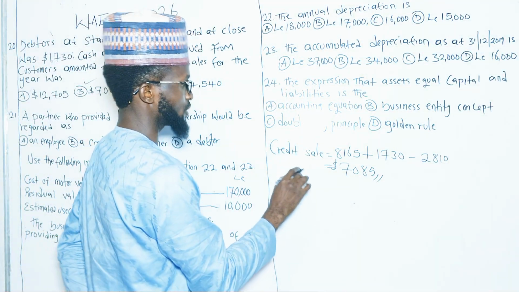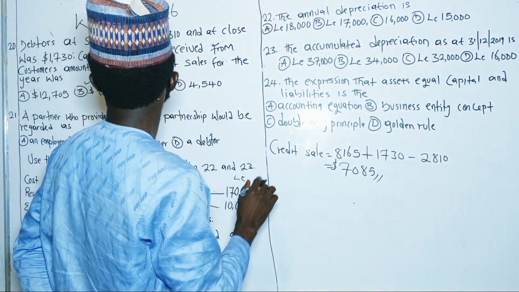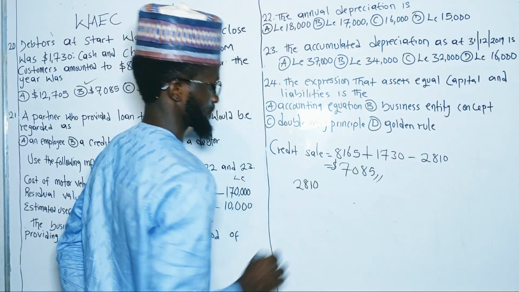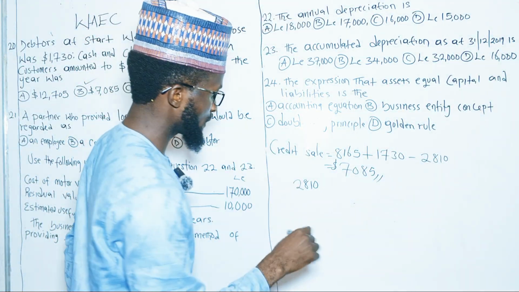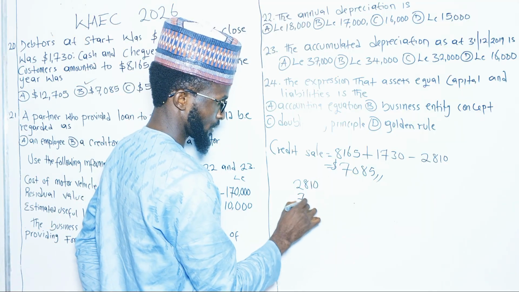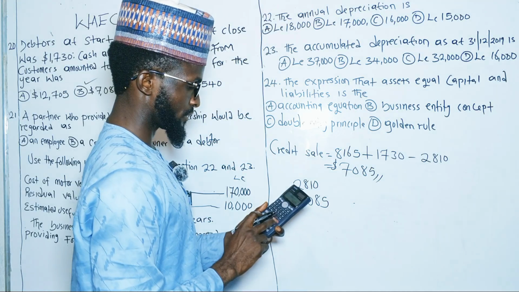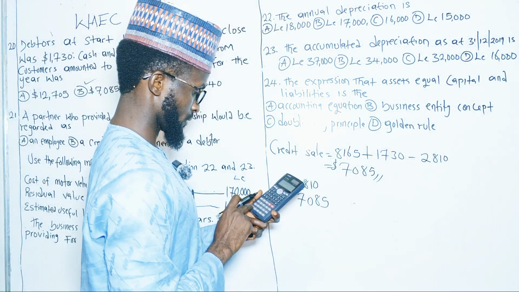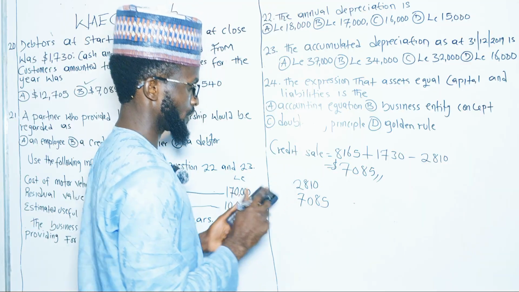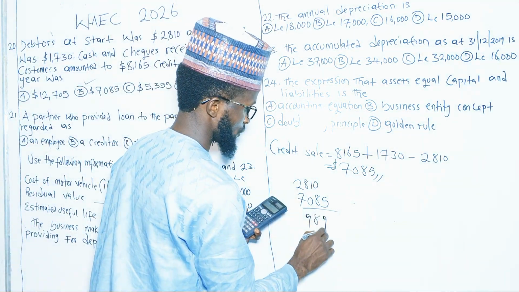This is the opening balance for debtors, 2,810, plus the credit purchase within the year, that is 7,085. Add it together, you are going to have 9,895.